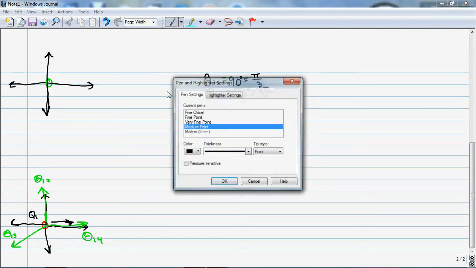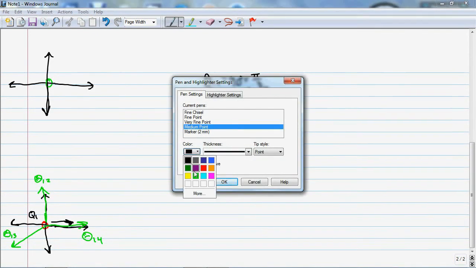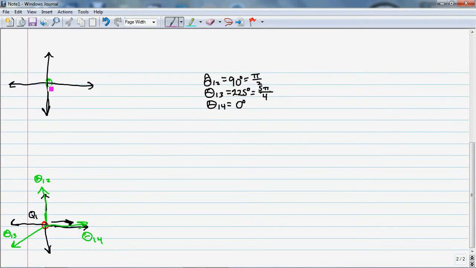Need to change my pen here. And let's use purple, it's a bright color. That'll be good. So that vector is going to be going down because they're attracting.